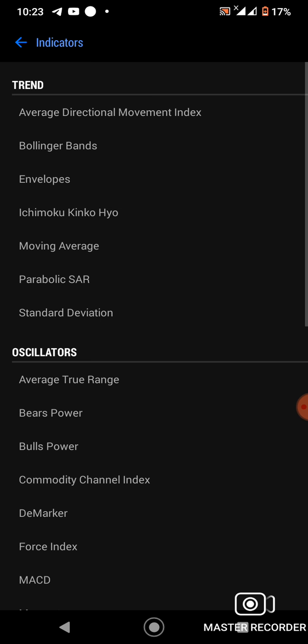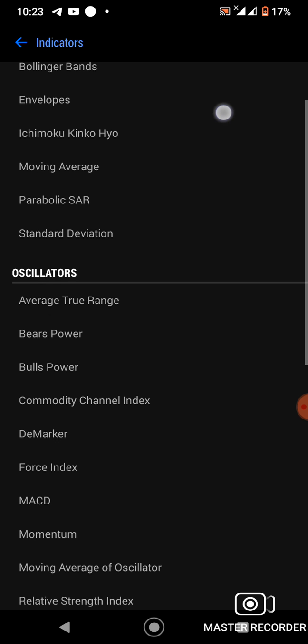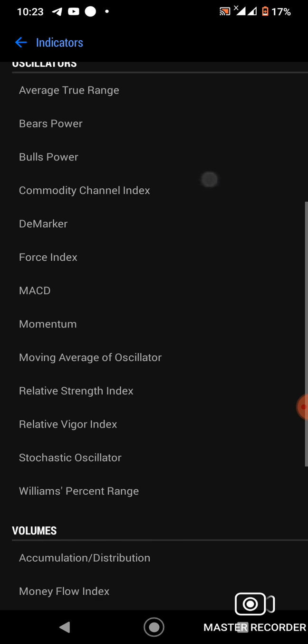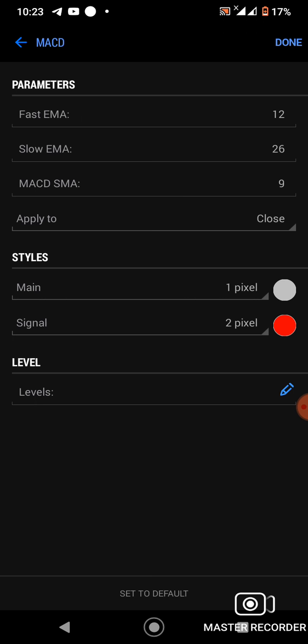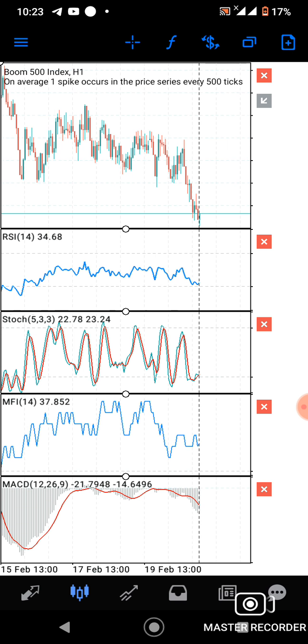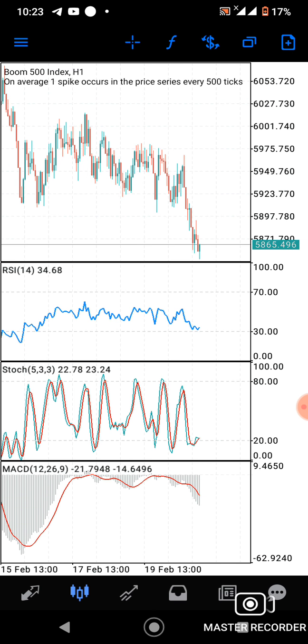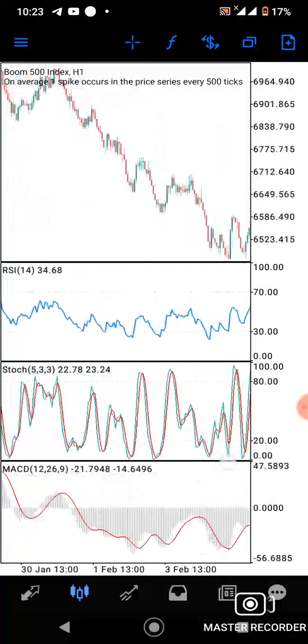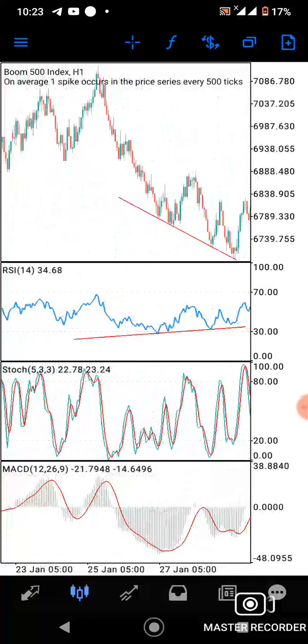I just want to add, sorry, MACD, that's the one I was looking for. So MACD is also among the three best for now.